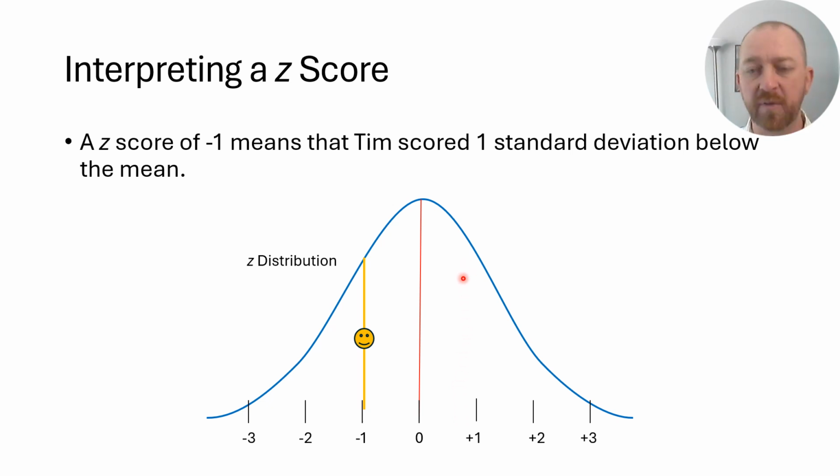So a couple of things we can say. Not only did Tim do worse than Scott, we knew that anyway because he had a lower score, but Scott scored above the mean. He scored almost a standard deviation above the mean, whereas Tim scored a full standard deviation below the mean of his population. So that's kind of what we can do so far, and it's very useful.